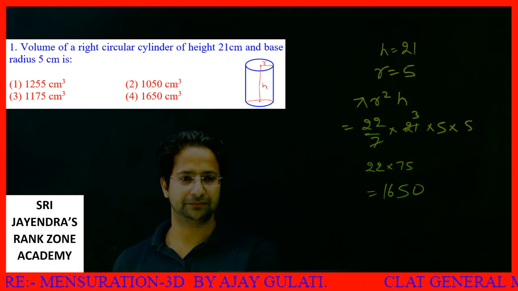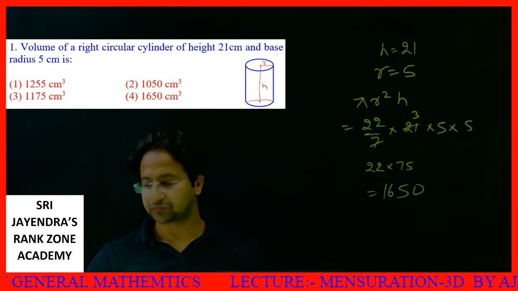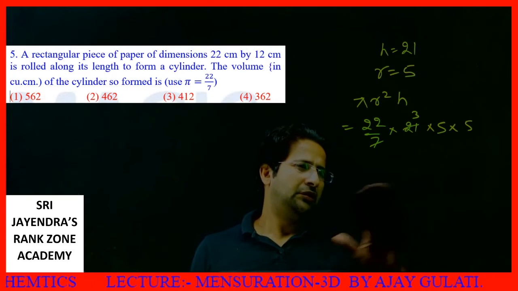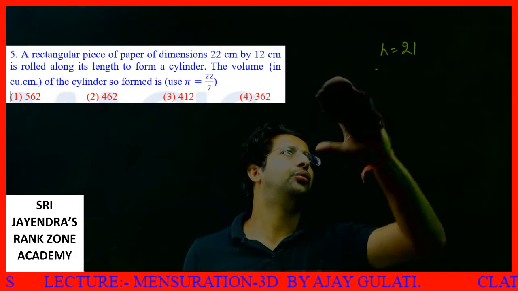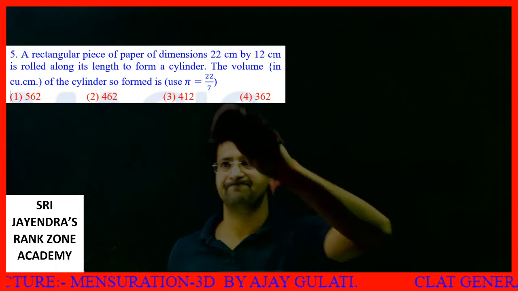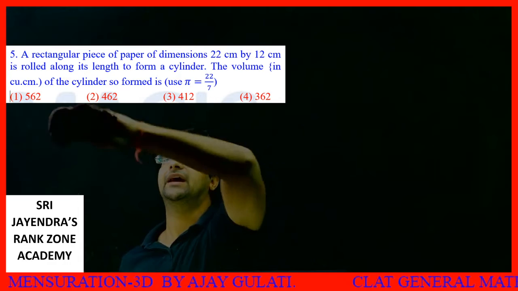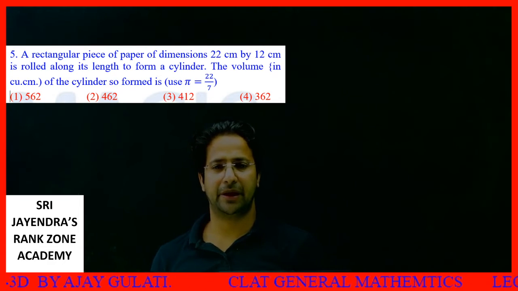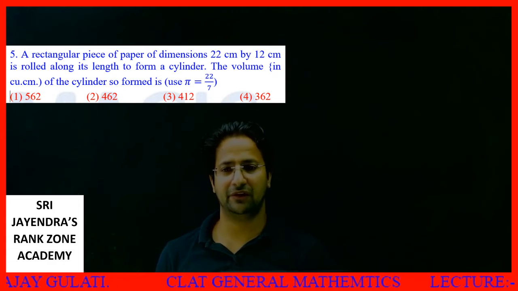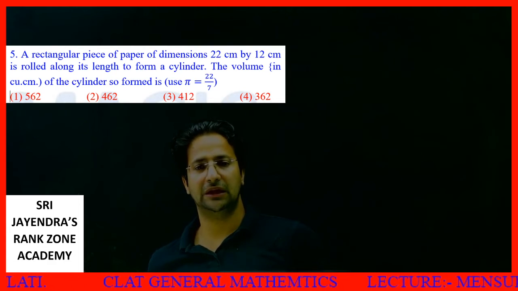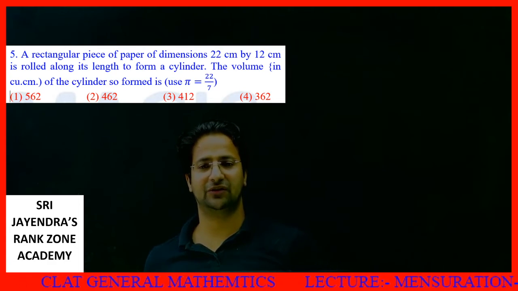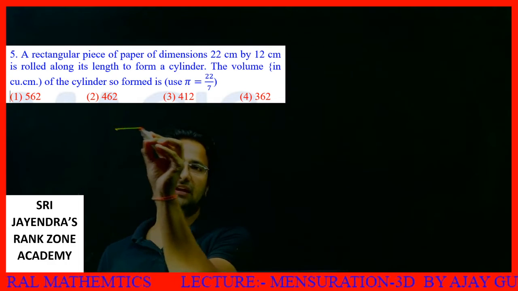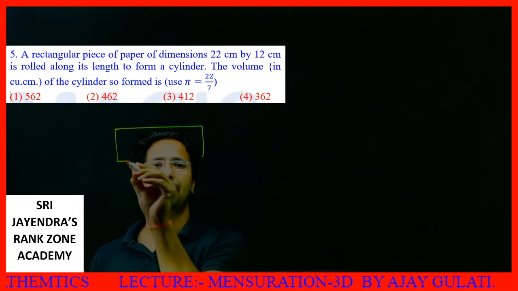Should I rub this? You see the next question, then I'll rub it. The next question: a rectangular piece of paper of dimension 22 by 12 is rolled along its length to form a cylinder. The volume of the cylinder so formed is? See students, let's say this is a rectangular sheet of paper.